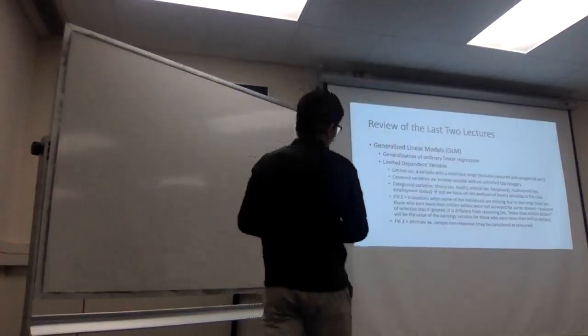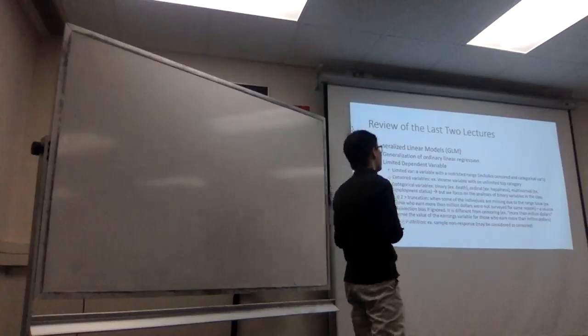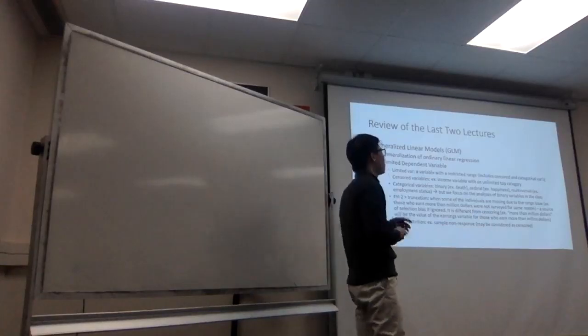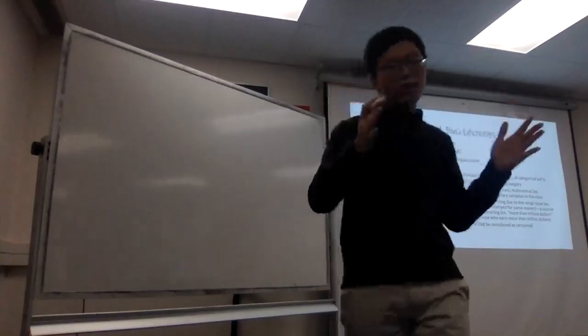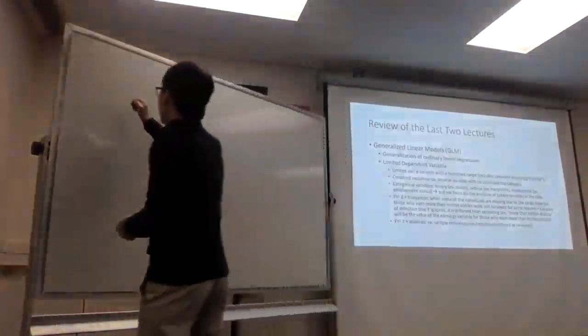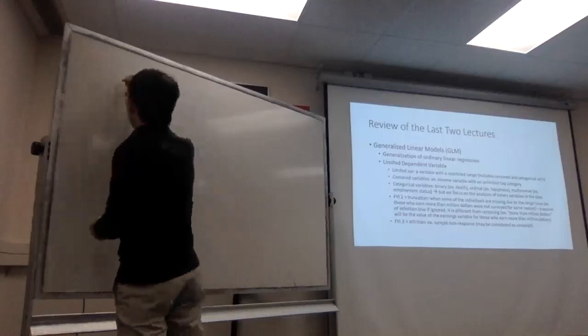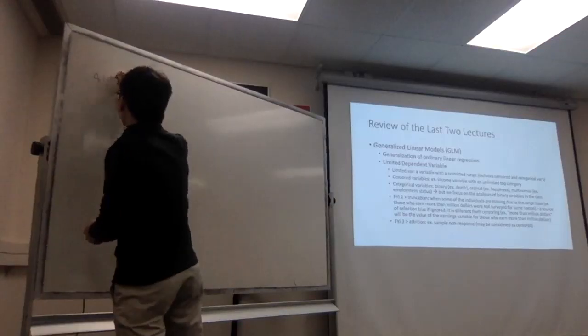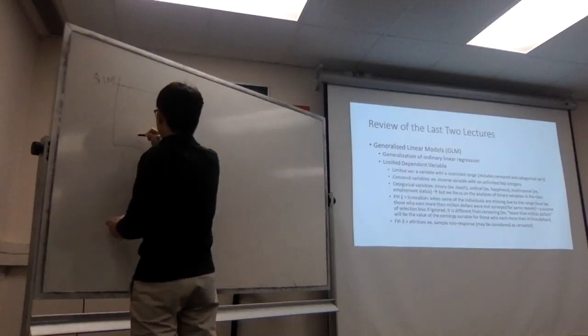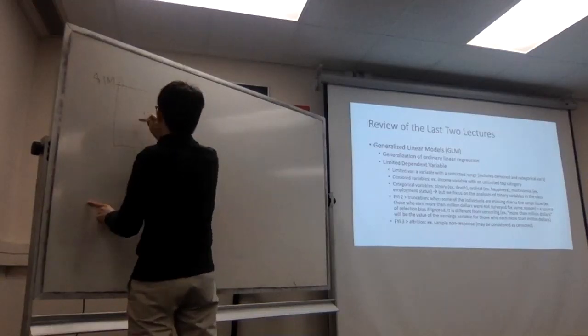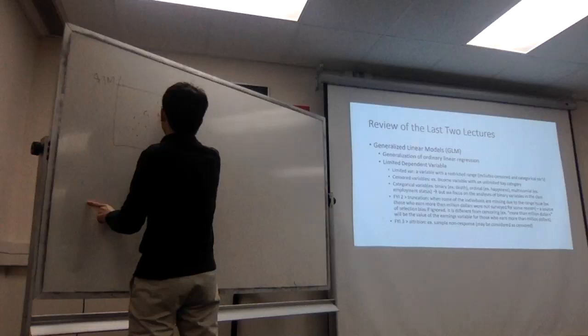Censored variable examples would include income variables with an unlimited top category. So there's an income variable with top-coded values in it. Does that make sense? So after say $1 million, there are some people, right?